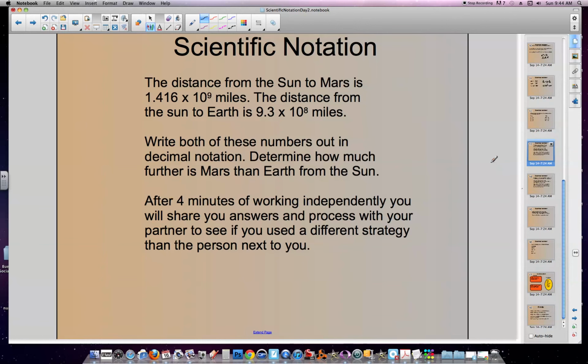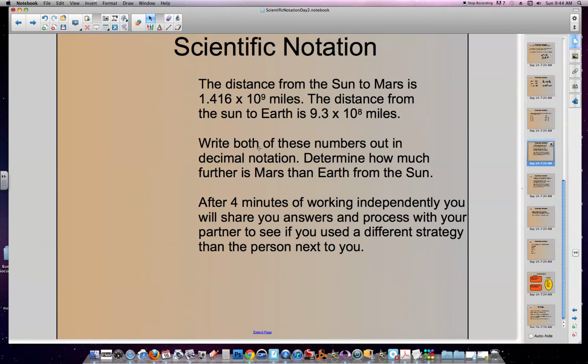A couple contextual problems. The distance from the sun to Mars is 1.416 times 10 to the 9th miles. And the distance from the sun to Earth is this number here. And I ask you to write both of these numbers out in decimal notation. So let's do that real quickly. I'm going to move all of this over so I have a little extra room.